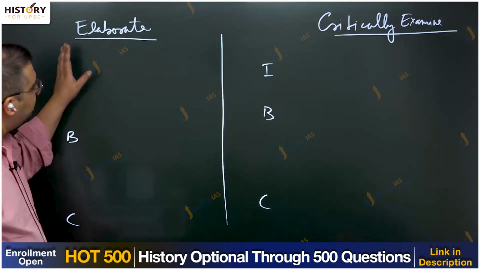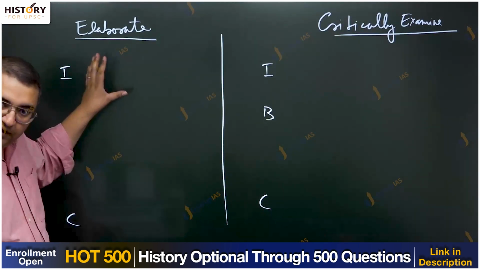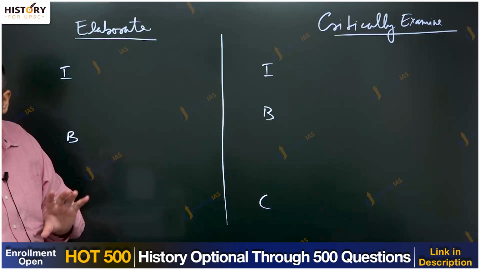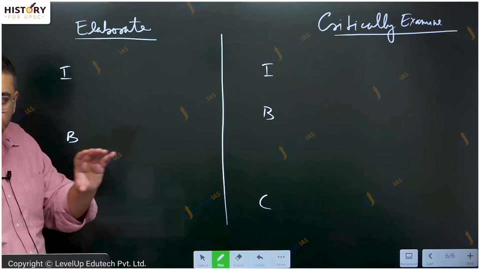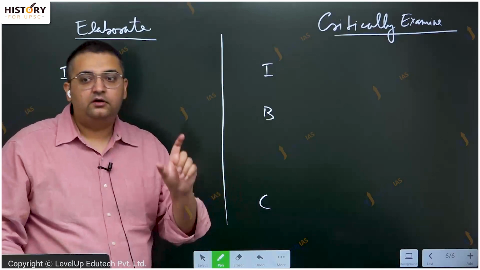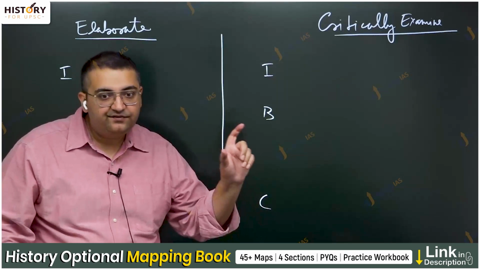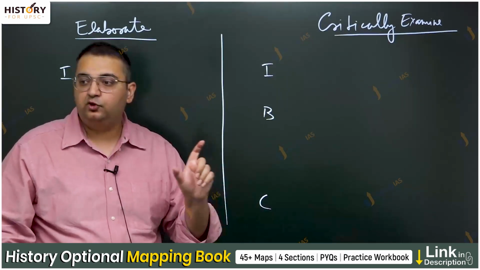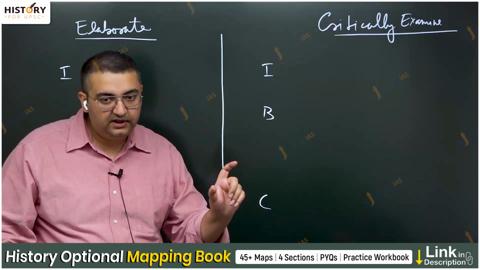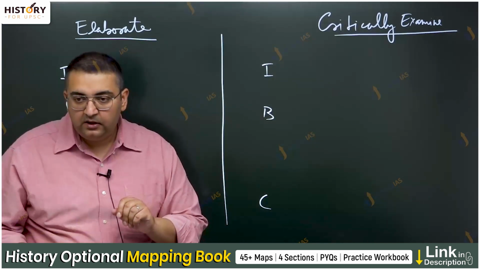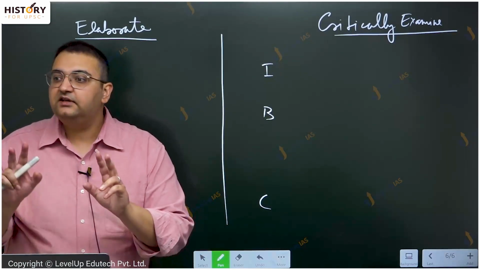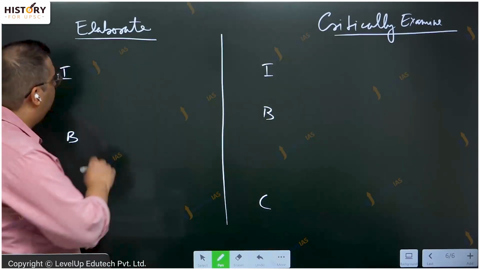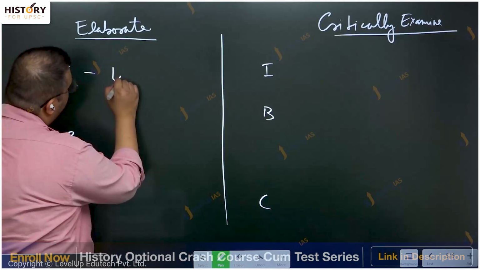For example, since you have to prove in the first question that Neolithic revolution was not a revolution, how are you going to begin? You are going to say that although Vincent Gordon Childe emphasized upon the changes that took place during the Neolithic period as revolutionary, there were several limitations to this revolutionary framework. Okay? So you are going to highlight that there were various limitations.